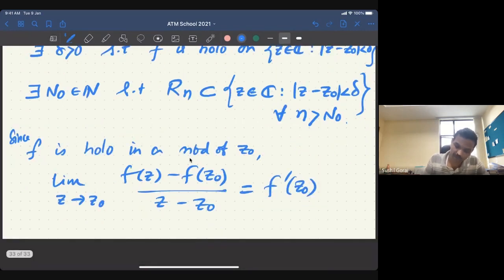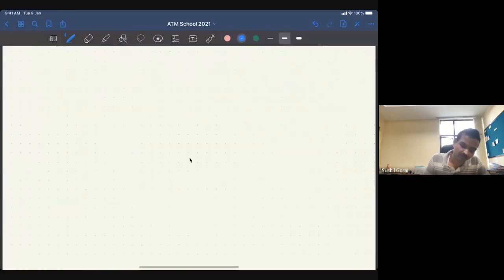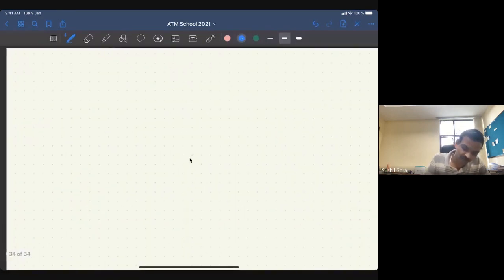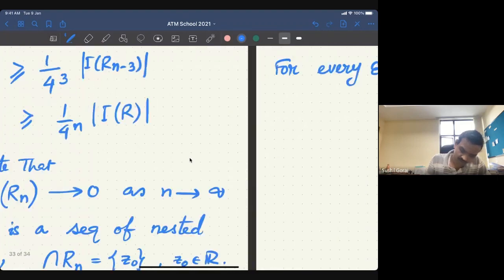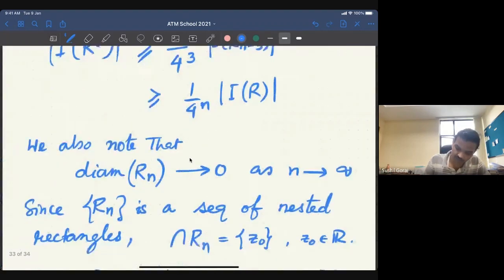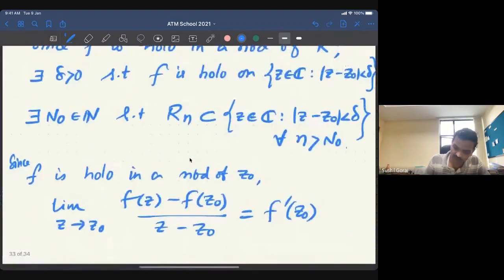All right. So now we use epsilon delta here. For every epsilon greater than 0, we'll unfold this limit in terms of epsilon and delta.